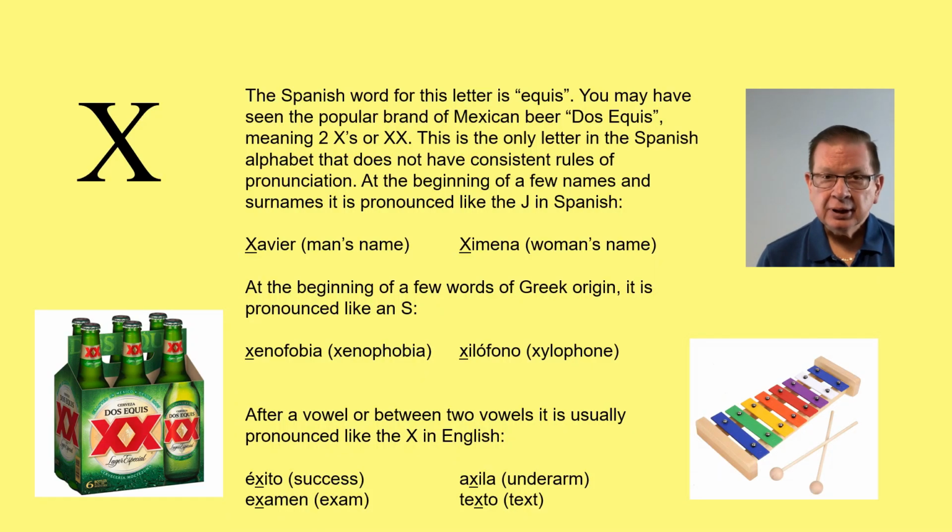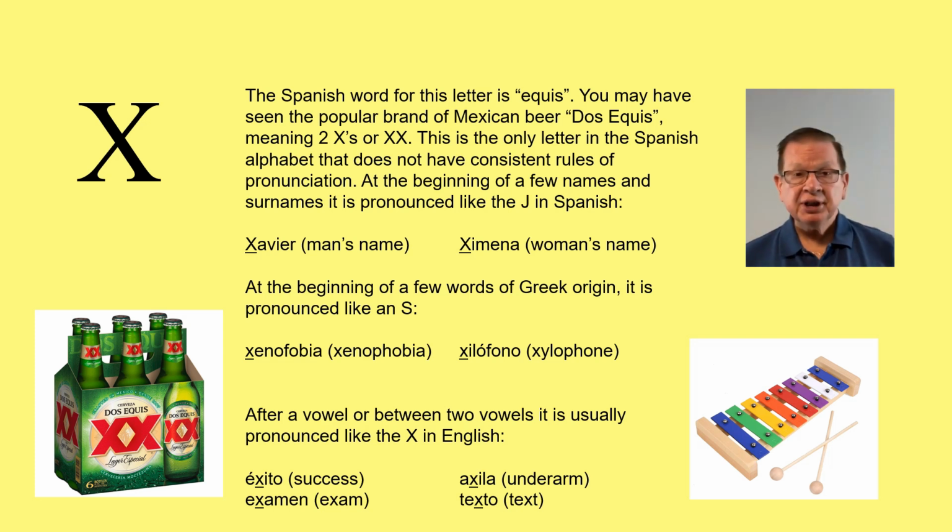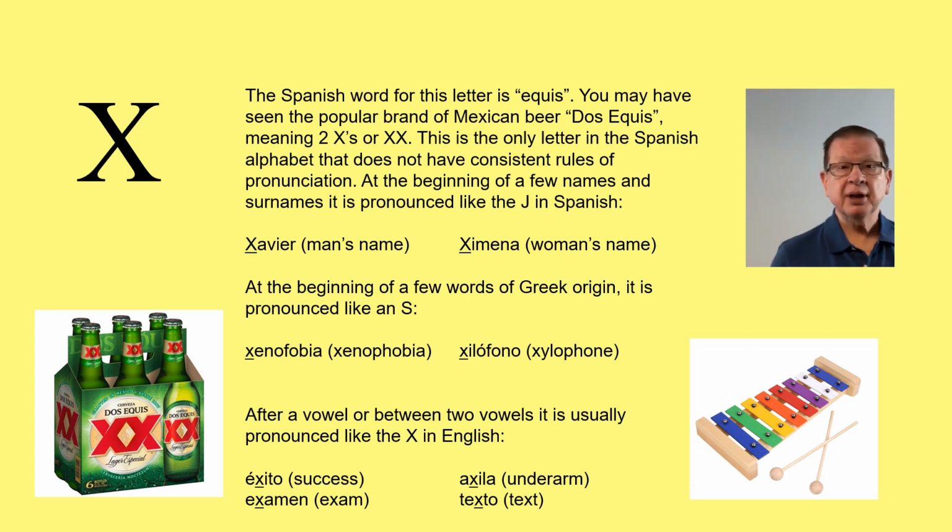X. The Spanish word for this letter is equis. You may have seen the popular brand of Mexican beer Dos X, meaning 2 X's or XX. This is the only letter in the Spanish alphabet that does not have consistent rules of pronunciation. At the beginning of a few names and surnames, it is pronounced like the J in Spanish, Javier, Jimena.